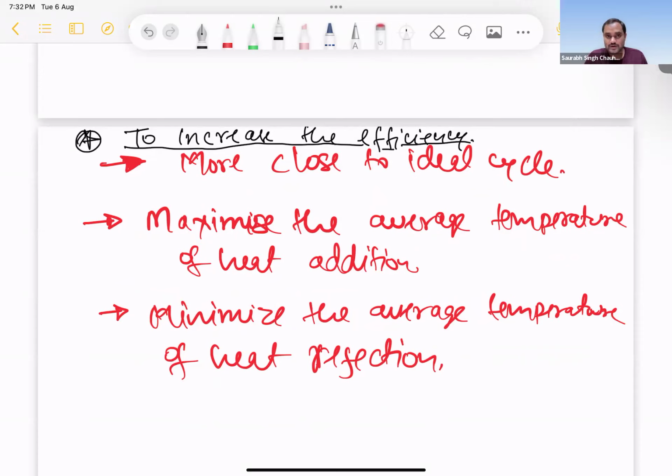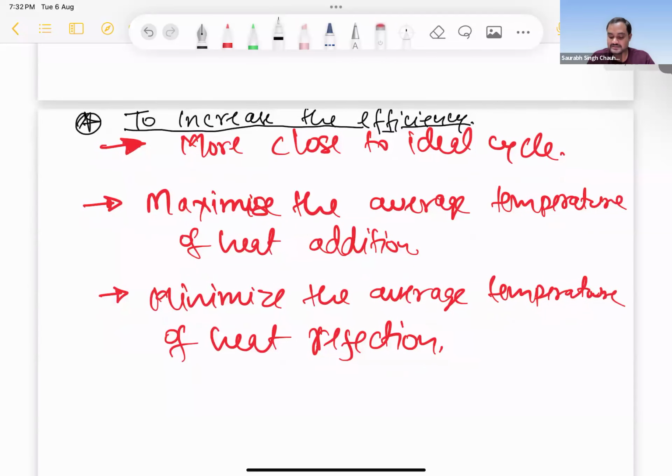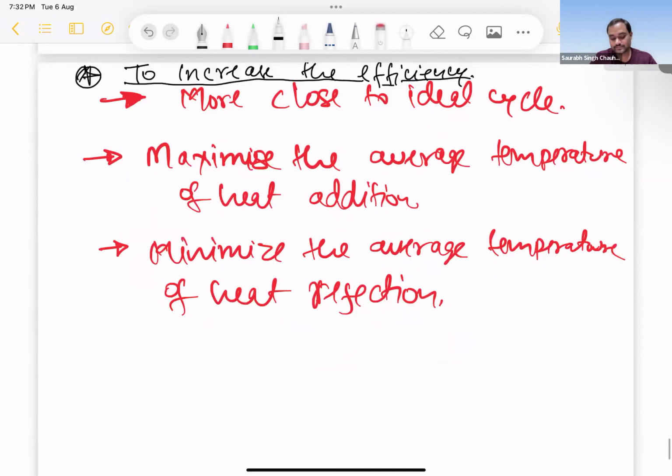Whatever you are doing, the main purpose is that we want to maximize the average temperature of heat addition, and minimize the average temperature of heat rejection. That is how we increase the efficiency. There are a lot of ways: reheating, regeneration.